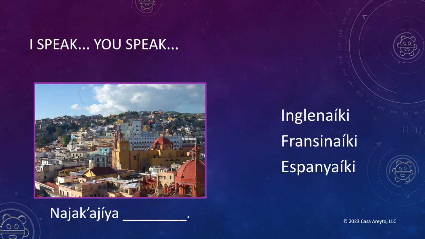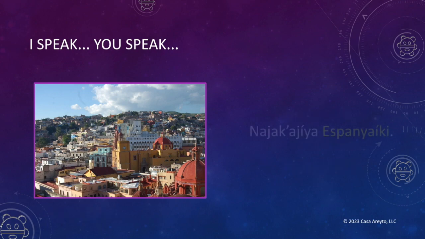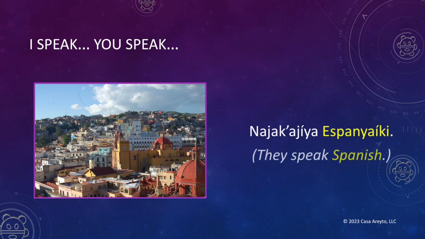Inglenaiki, Francinaiki, or Españaiki. That's right. The answer is Españaiki, Spanish, because if you come from Mexico, you are likely to speak that language. Now let's read the whole sentence aloud. Nahak ajíya Españaiki. They speak Spanish.